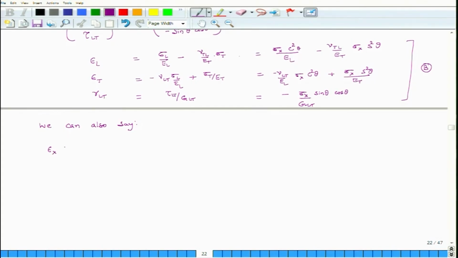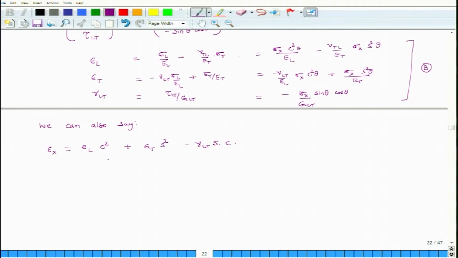So, epsilon x is equal to epsilon L times cosine square theta plus epsilon T times sine square theta minus gamma LT times sin theta cosine theta.